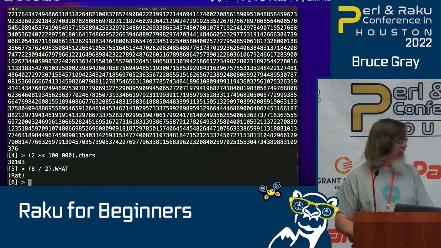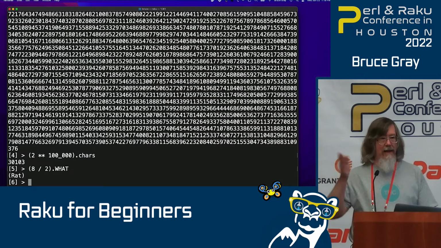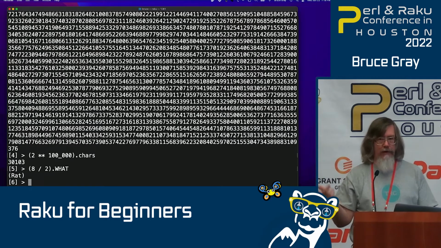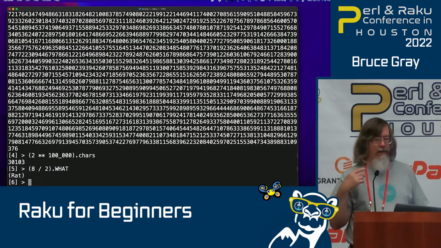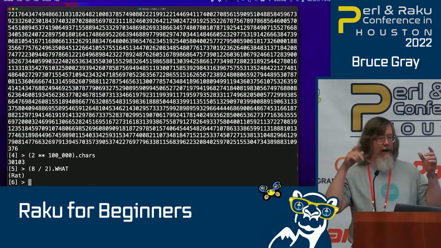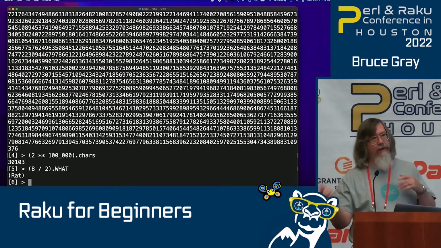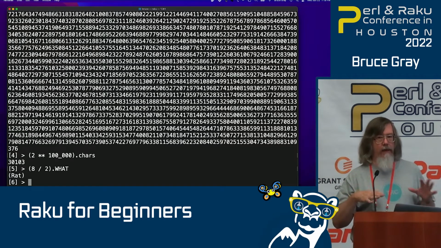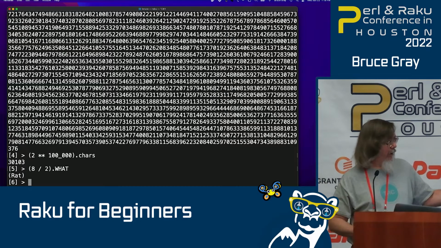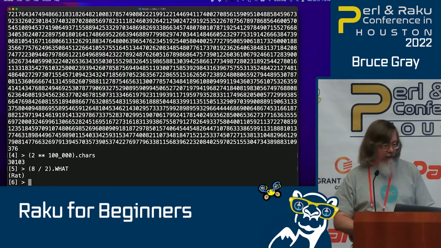I'm guessing yes. Yes, because the slash operator is defined when it's operating on ints on both sides to return a Rat. There is a method called narrow that you can use to go the extra mile for the compiler to look and see, oh, can I turn that into an Int? But normally you don't want to do that because you care a little bit about your types if you get down below the ints.